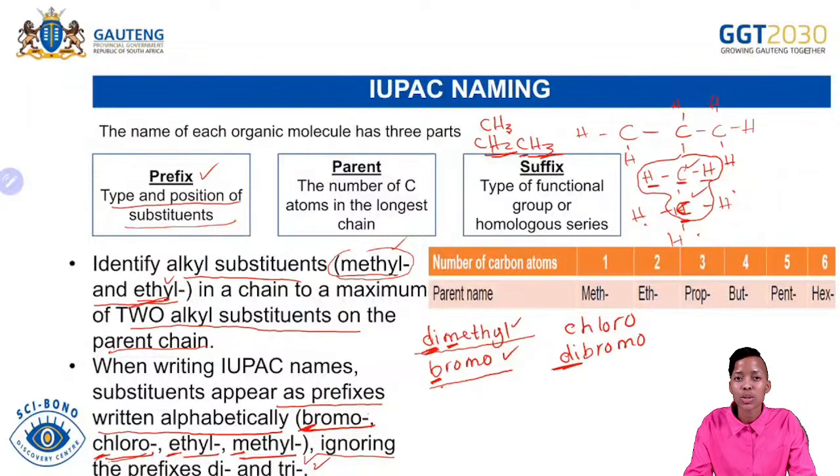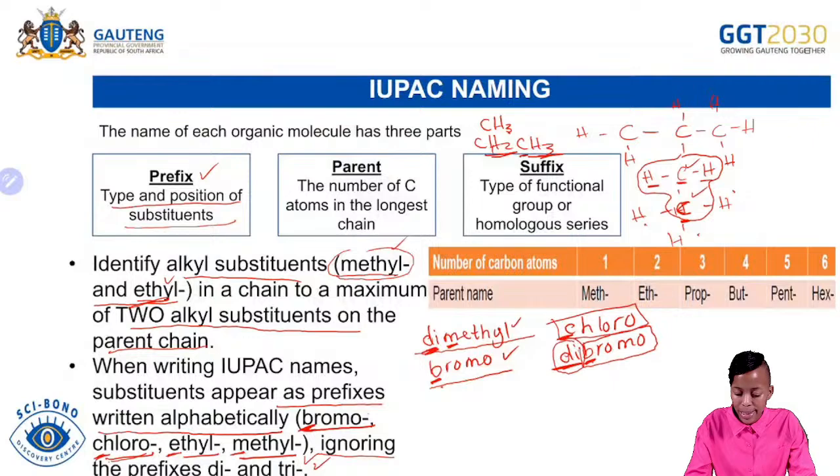You consider alphabetical order only in terms of the substituents, which is a bromo and a chloro. Between a bromo and a chloro, which one comes first? It's going to be the bromo, followed by the chloro.